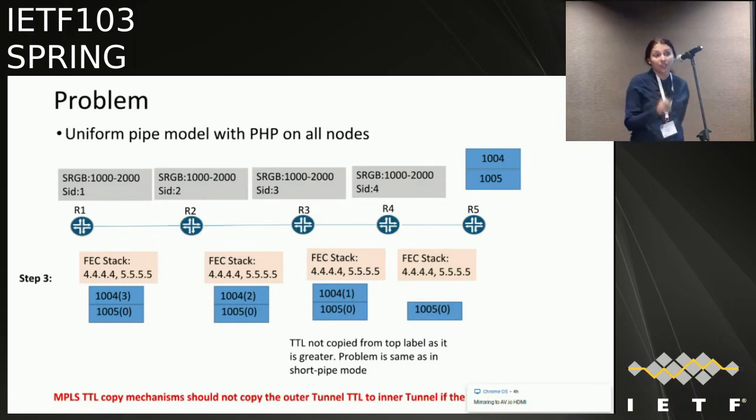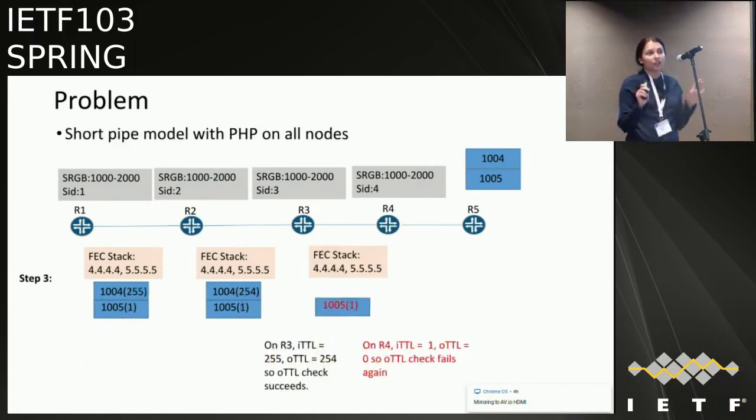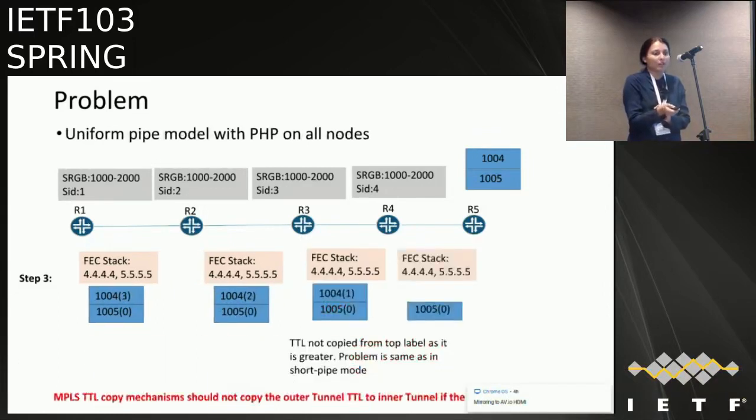Yes, but generally, if you look at MPLS networks and how packets are forwarded, it's not a good practice. So I'm just asking whether uniform is a problem, or you refer only to short pipe. What I'm suggesting is that the practice I'm listing in red here is the best practice. It's probably not there in any RFC, but I think that's the way it should be.